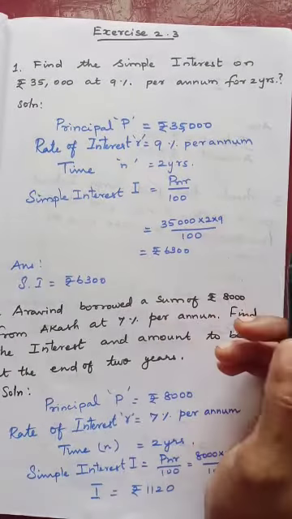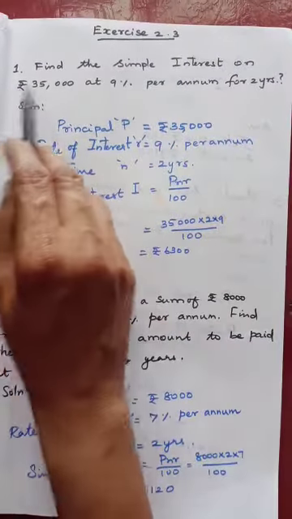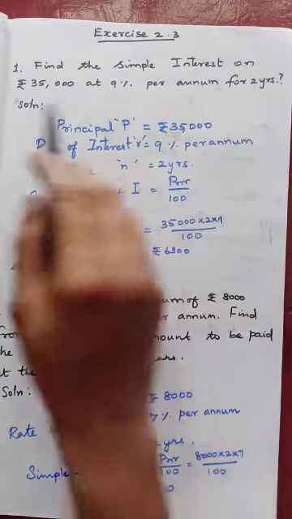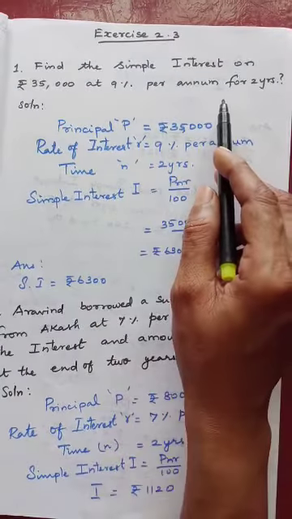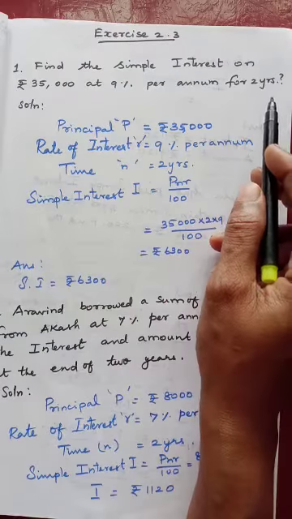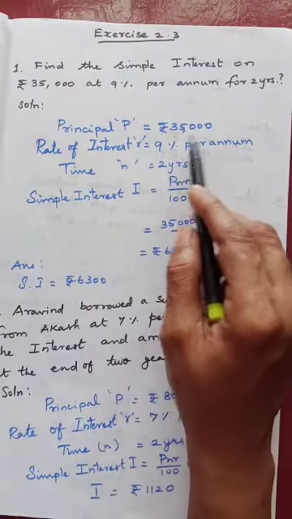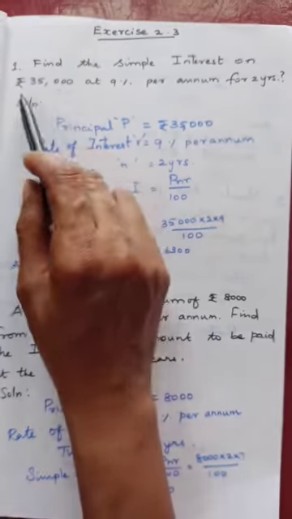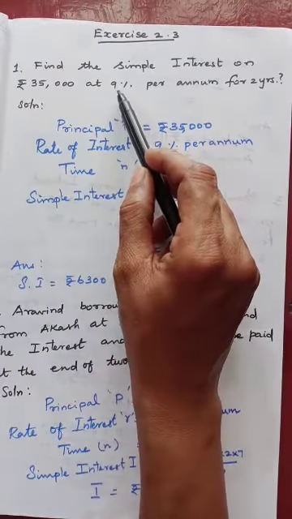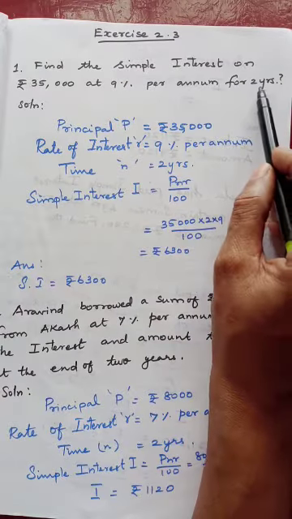Now we shall move to the exercise problem. Exercise 2.3. First one, find the simple interest on rupees 35,000 at 9% per annum for 2 years. Principal P is equal to rupees 35,000. So this is the principal, this is the rate of interest, and 2 years is the number of years.